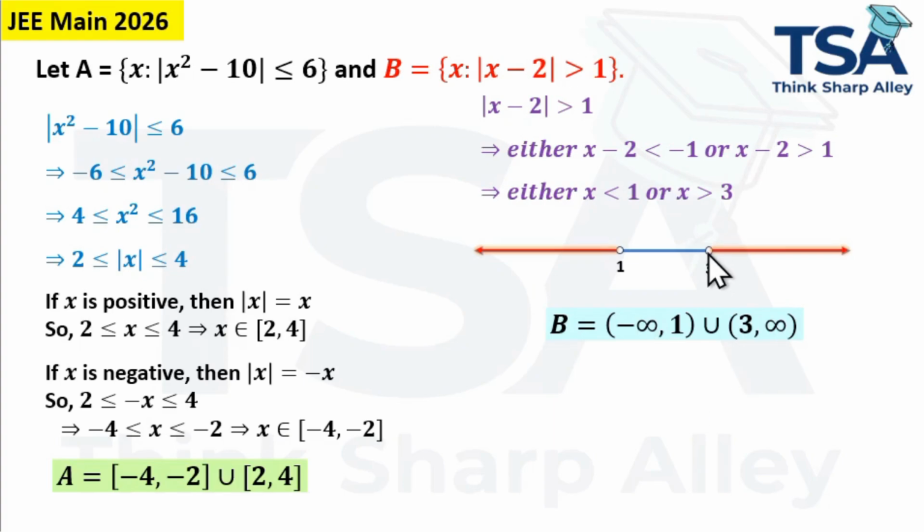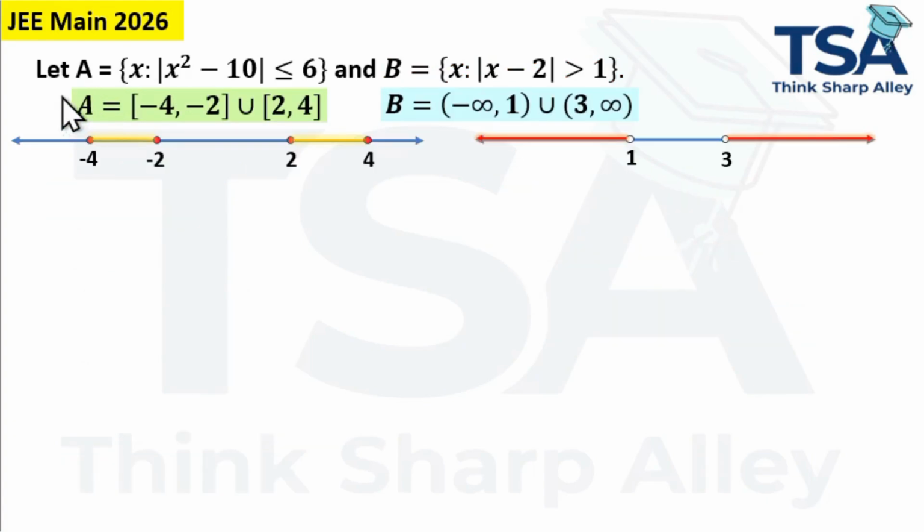And here you can see we have used an empty bullet just to show that 3 and 1 are not included in the solution. But in the number line of A, we have used a filled bullet, a solid bullet, to show that these numbers are included. Now that we have both the sets, we can check the options.